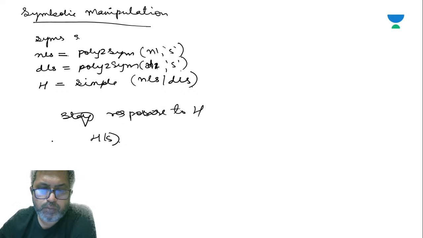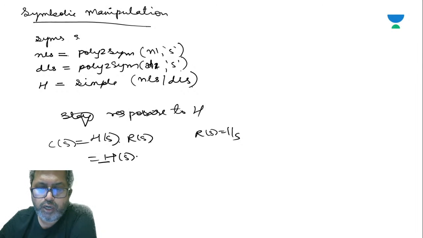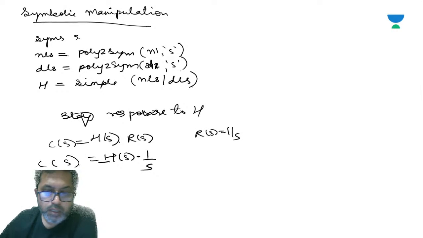Step response will be what? C(s) equal to H(s) into R(s). For a step, R(s) is equal to 1 by s. So this is equal to H(s) into 1 by s. Then you can find out c(t), that is ilaplace C(s).